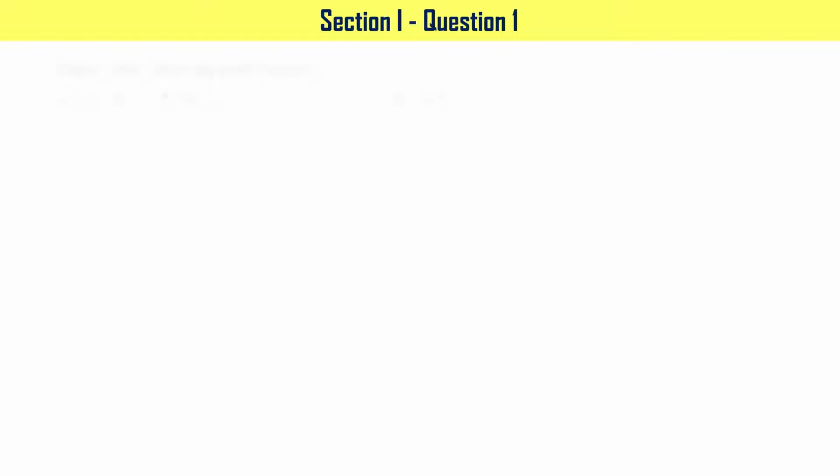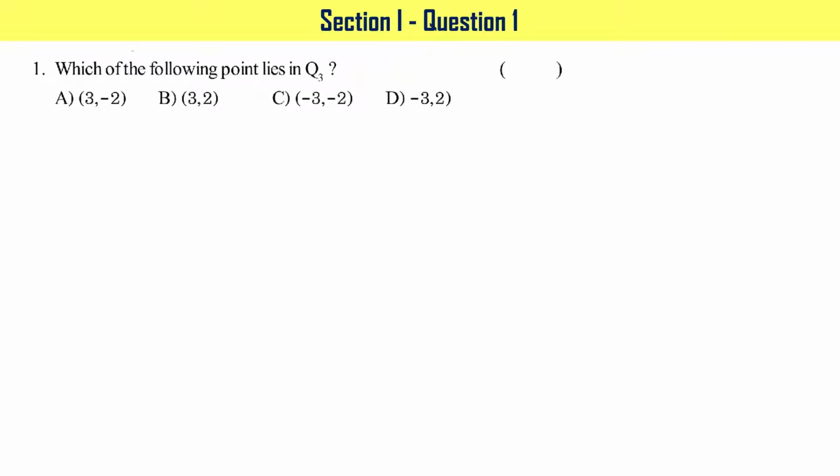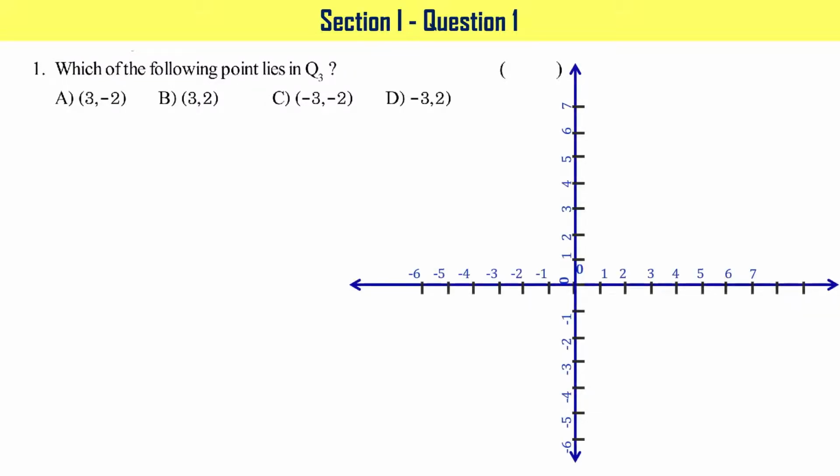Question number 1. Which of the following points lies in Q3, that is quadrant 3? As you see here, this is Q1, Q2, Q3 and Q4. In Q1 you have both X and Y positives. When it comes to Q2, X is negative and Y is positive.